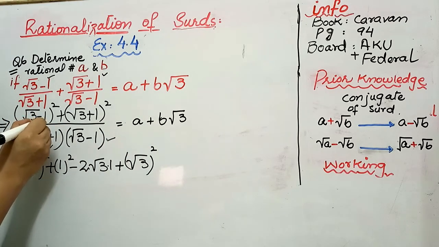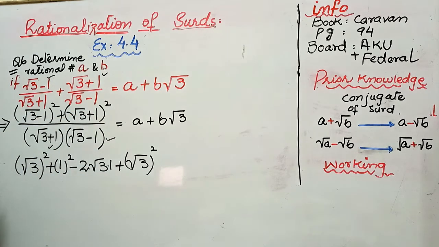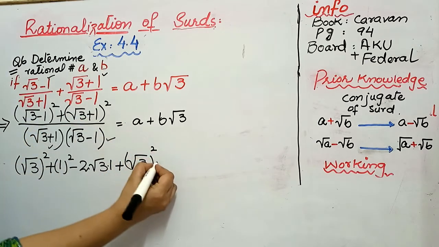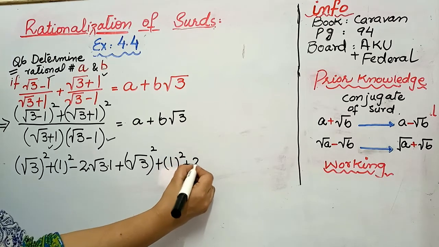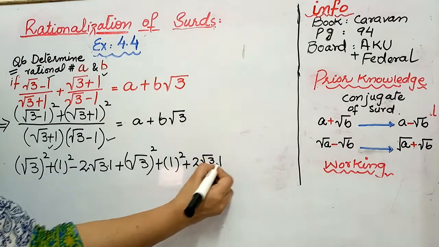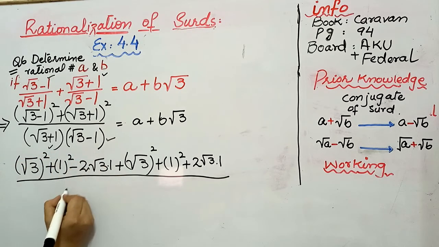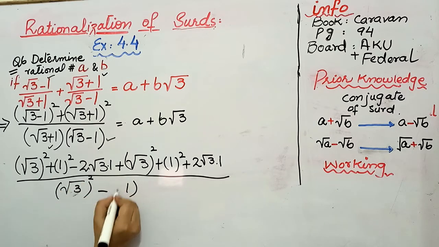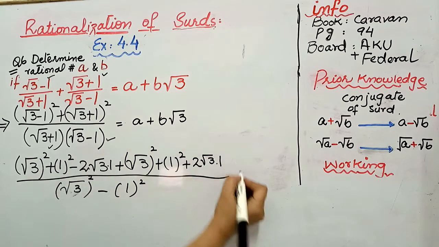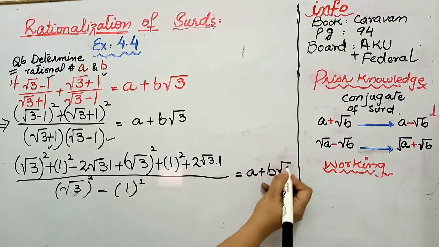This will be evaluated by a minus b whole square and a plus b whole square. This is a square plus b square plus 2ab: under root 3 square plus 1 square plus 2 into under root 3 into 1. Fine. Divided is a plus b into a minus b, so it will be under root 3 square minus 1 square is equal to a plus b under root 3.